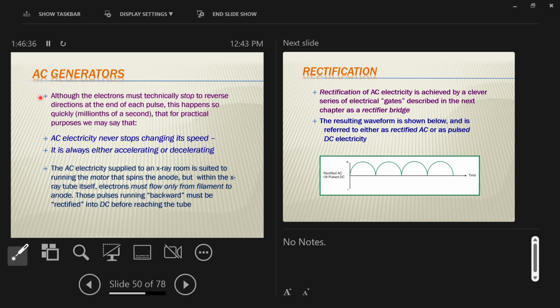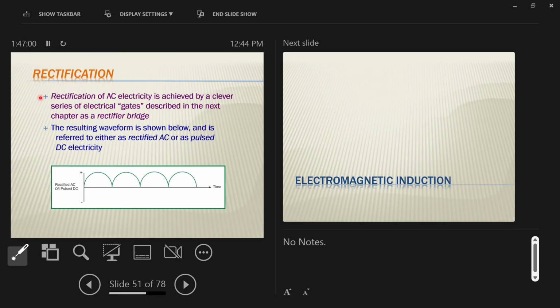We use AC in the machine, but certain parts of the machine operate on DC. We only get AC from the wall, not DC, so inside the equipment we have to convert AC current and send it to certain parts of the equipment as DC waveforms.